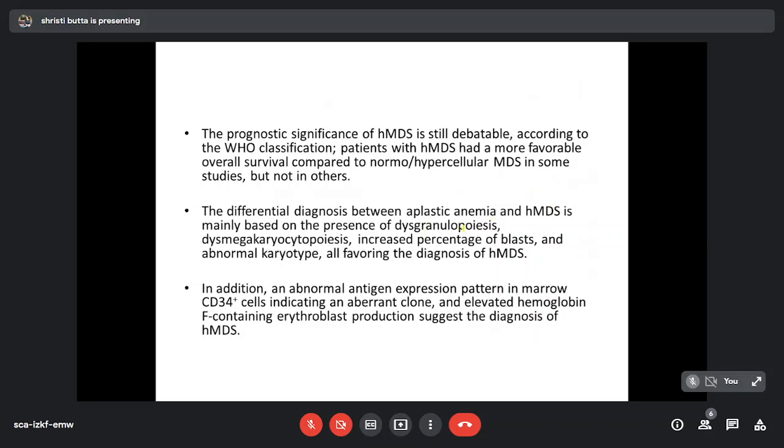Yes, the features of dysplasia, that is dysgranulopoiesis, dysmegakaryopoiesis, increase in the percentage of blasts, and abnormal karyotype or SF3B1 mutation for that matter, all favor a diagnosis of hypoplastic MDS. In addition, an abnormal antigen presentation in marrow with CD34 positive cells, and an elevated hemoglobin F containing erythroblast also suggest a hypoplastic MDS.